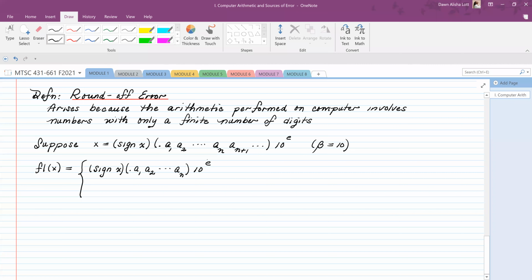And that's if an plus 1 is less than 5. So we're going to round down.